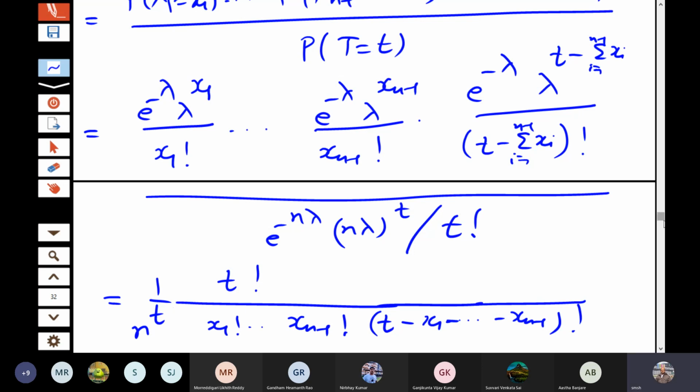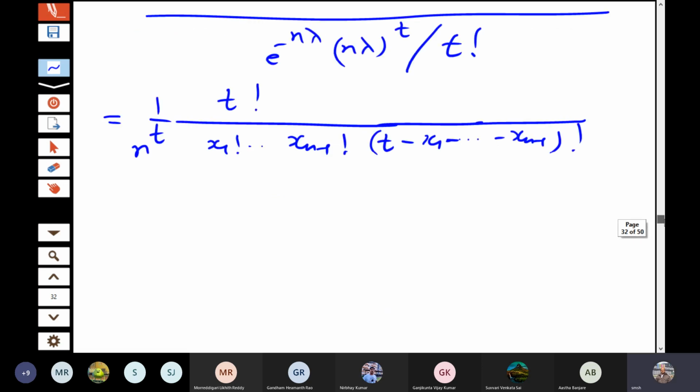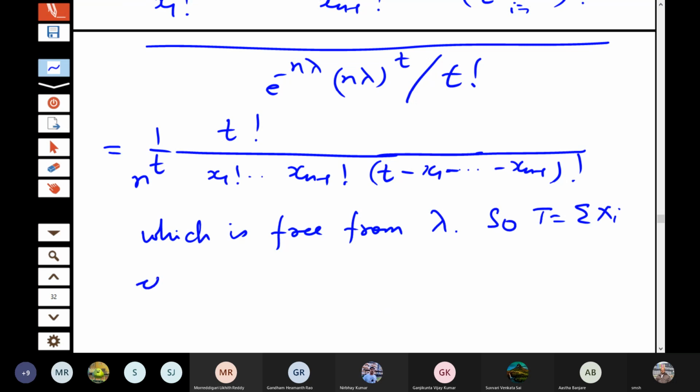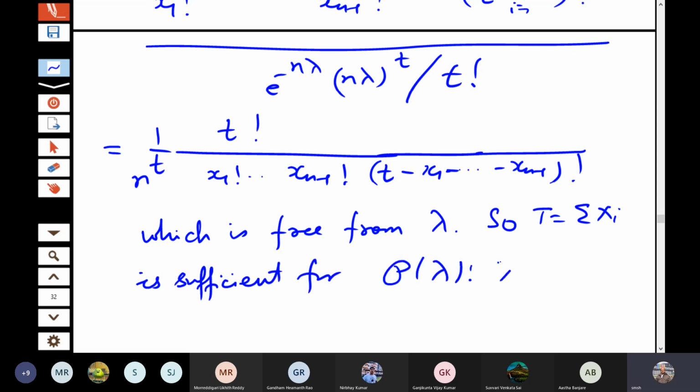So you can see here that there is no lambda appearing here. So if I am considering the family of Poisson distributions here, then this is a sufficient statistic.